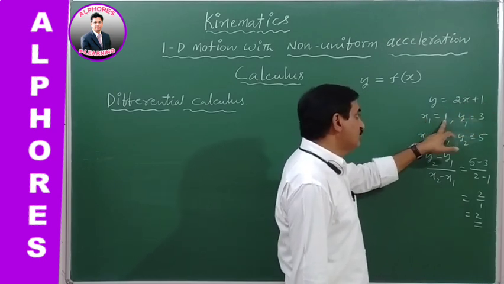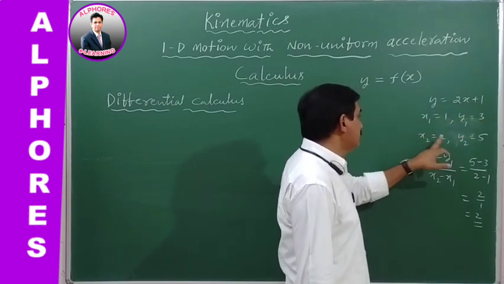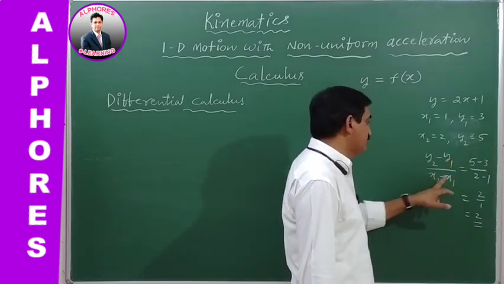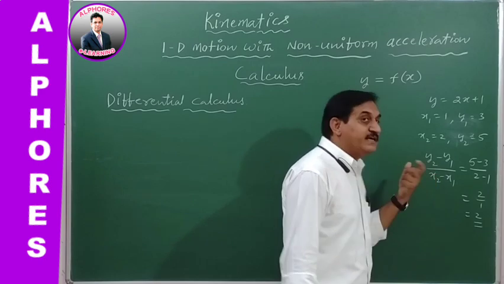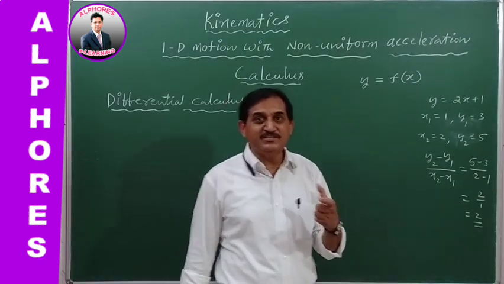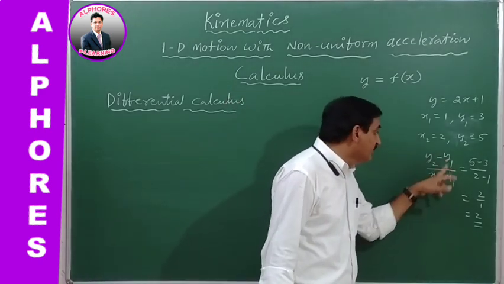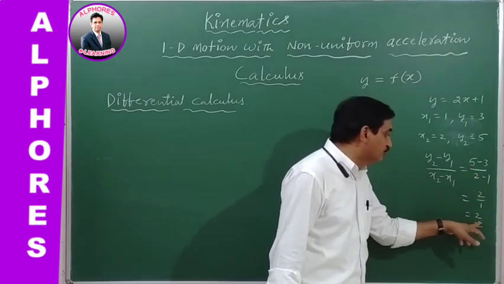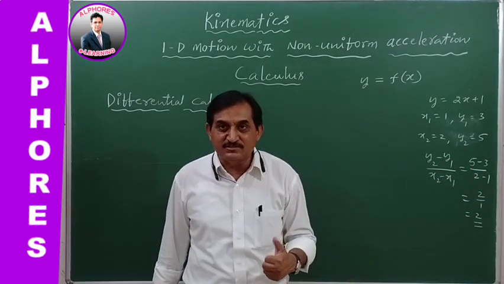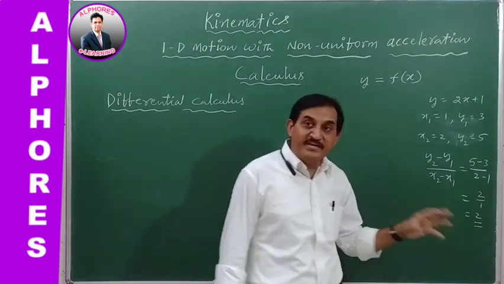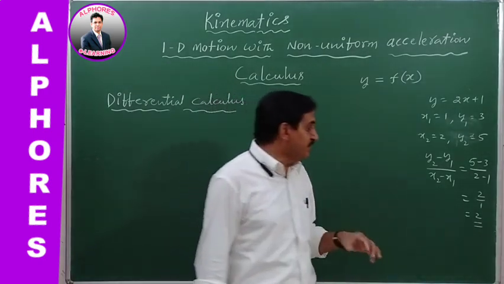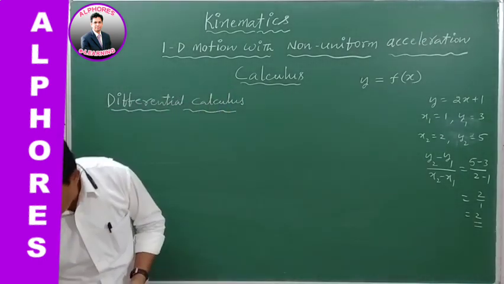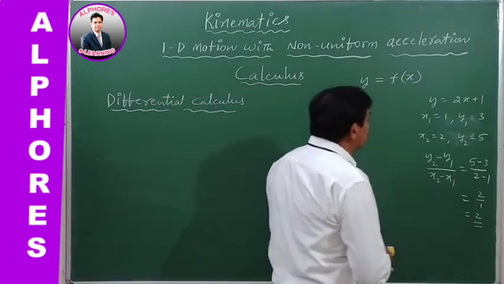Put x1 equal to 1, y1 is equal to 3, x2 equal to 2, y2 equal to 5. Therefore, y2 minus y1 by x2 minus x1 is the determination of rate of change of y with respect to x. That is calculated, we are getting 2. 2 is, in this case, the rate of change of y calculated with respect to change of x. That is the meaning. So we can understand by using a suitable example.